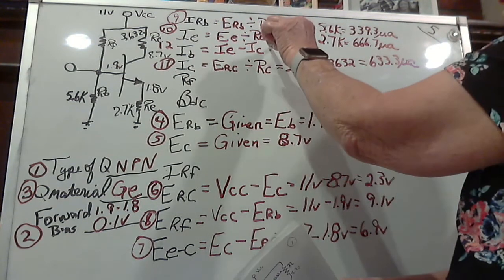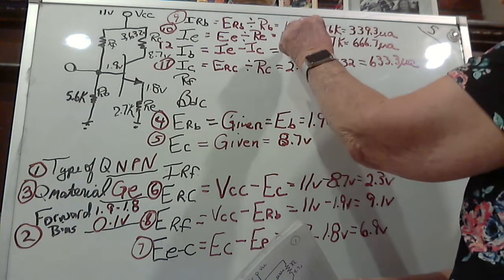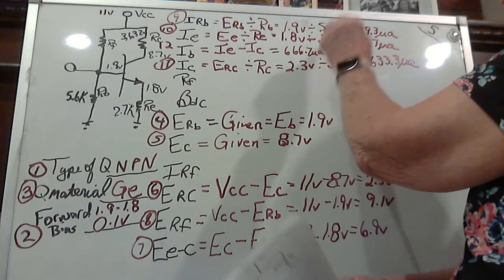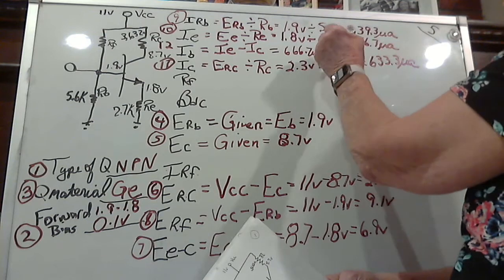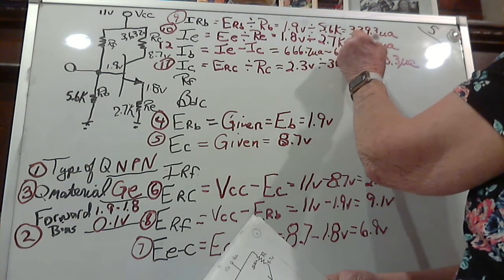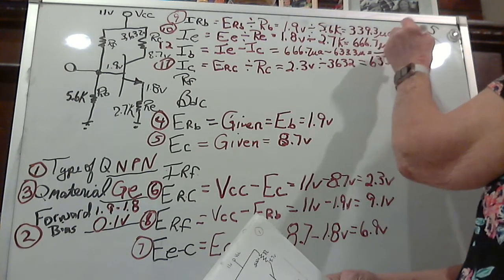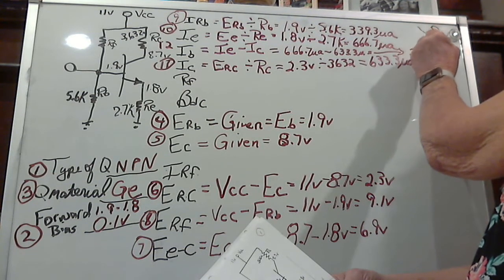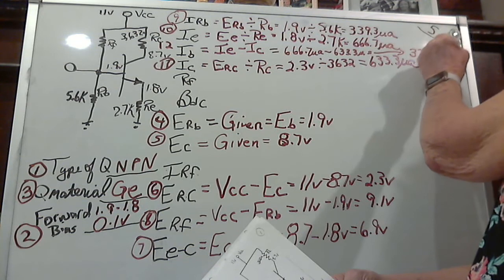So when we look at that, IE was 666.7 microamps, or 666.6 if that's what you used, and IC is 633.3 microamps. That is going to equal, and I didn't give myself enough room in here, so I'm putting an arrow here, 33.4 microamps.